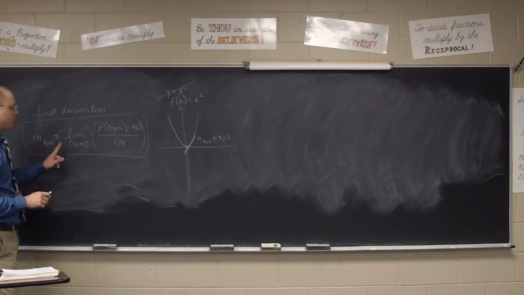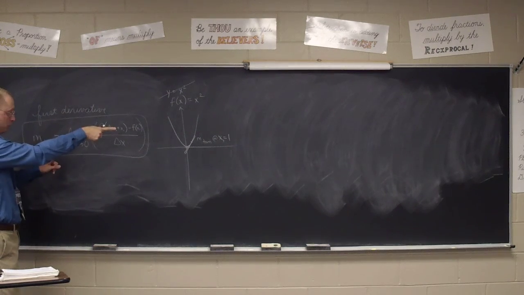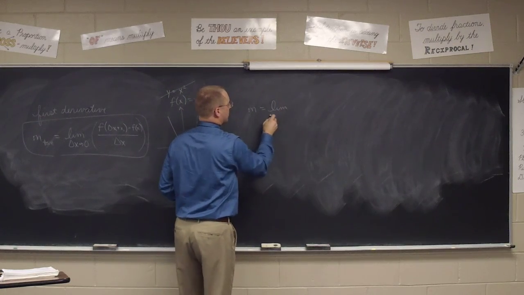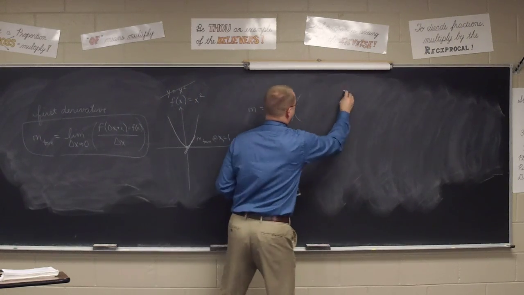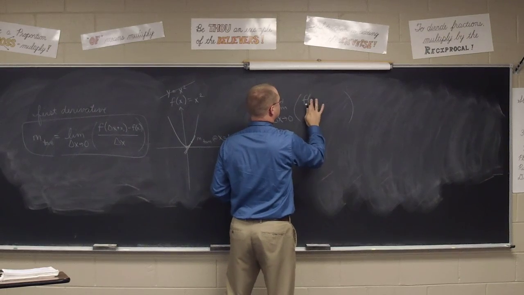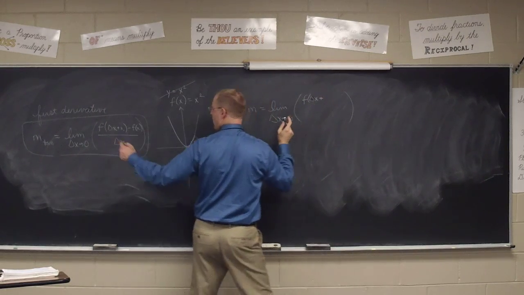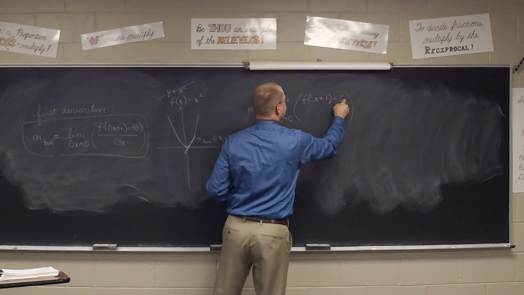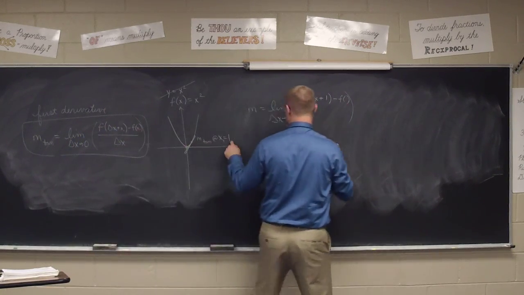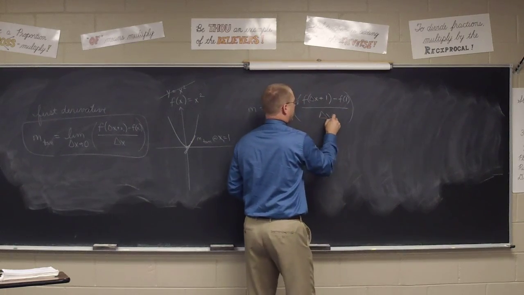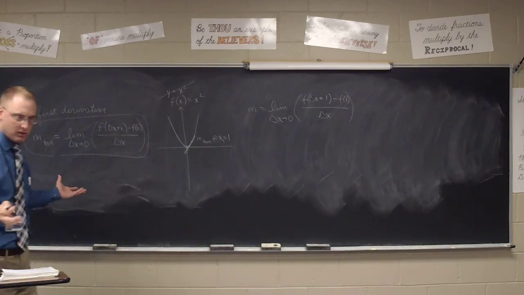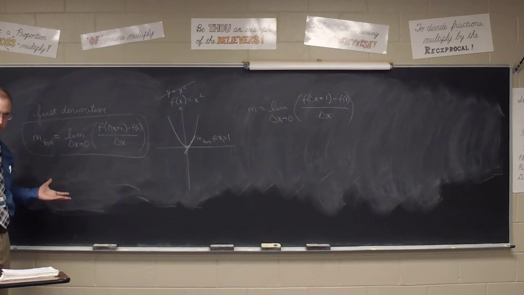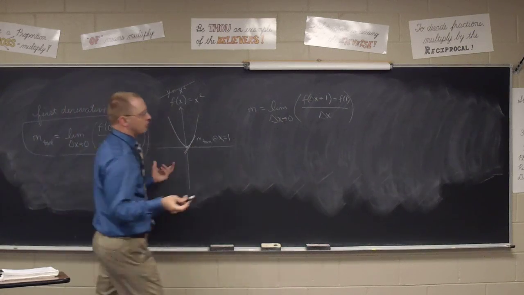Well, to find the slope of the tangent at x1 equals 1, we would say we have the limit as delta x approaches 0 for f of delta x plus x1, but that's a 1, minus f of x1, which is 1, all over delta x. Make sense? The x1 becomes the specific x value you're looking for. Easy enough? All right, and then from there, we solve.